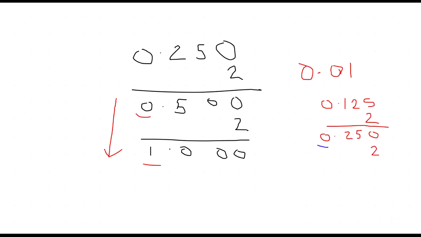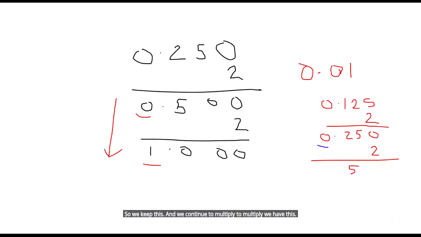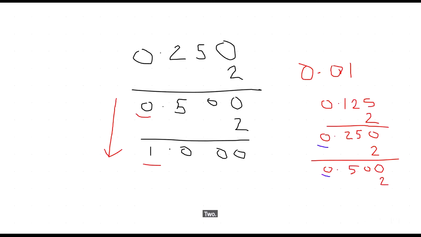We have this, so we keep our 0. And we continue to multiply by 2. We have 0, 0, 0, 1.